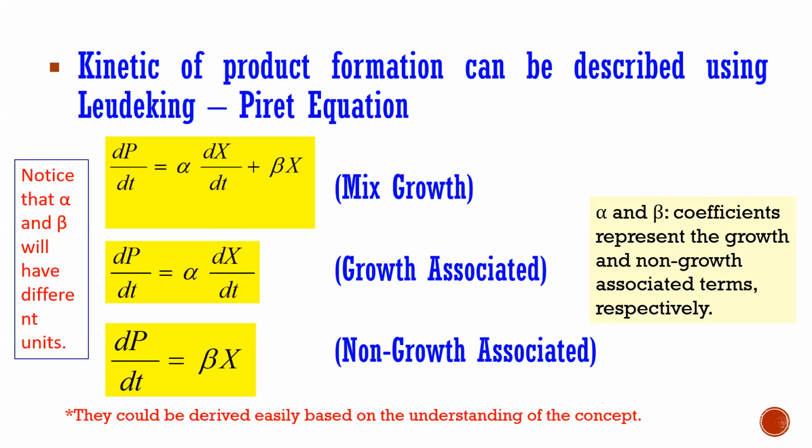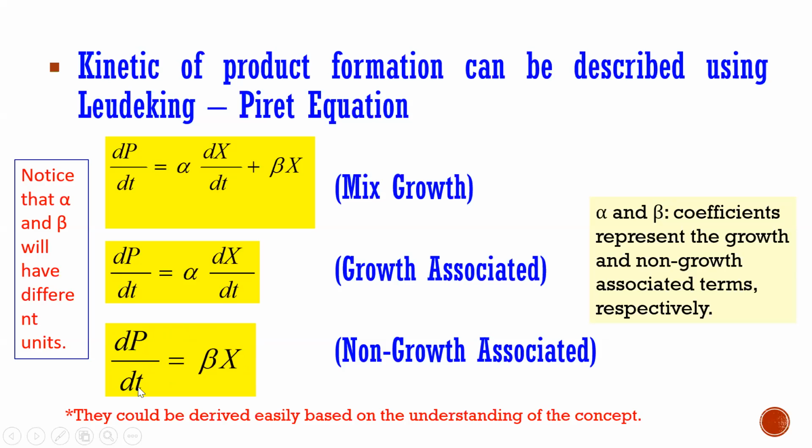All right. What about if the product is non-growth associated? Instead of dx over dt, it now becomes x. Why x? As I explained, remember the concept of the autocatalytic reaction in the linear, first order. The rate of product formation is proportional to the cell. Whatever it is, including substrate, is always proportional to the number of cells present.